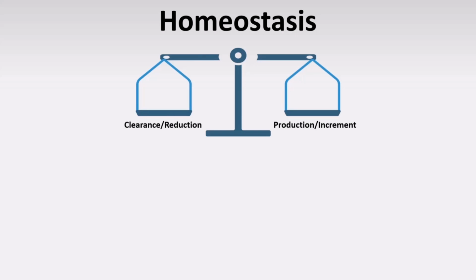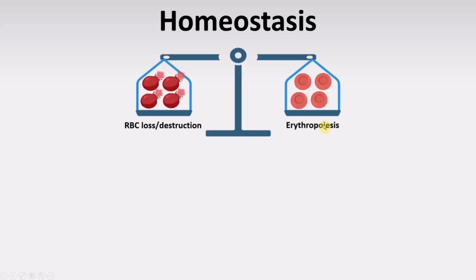When there's any disruption in the equilibrium, there will be some physiological process that seeks to return it back to normal. So there's always a balance between clearance or reduction in a particular system and its production or gain. And this is likewise applicable to the production of red blood cells as well.